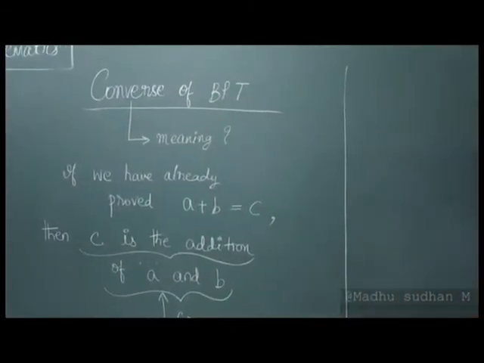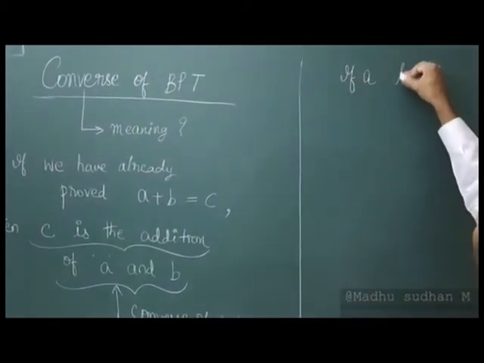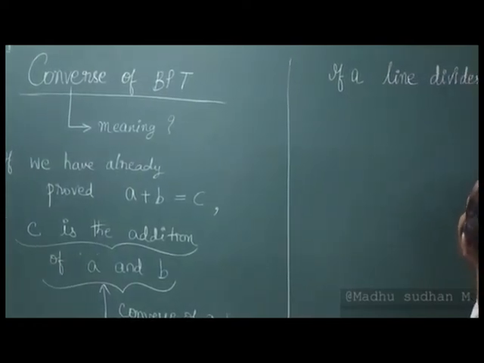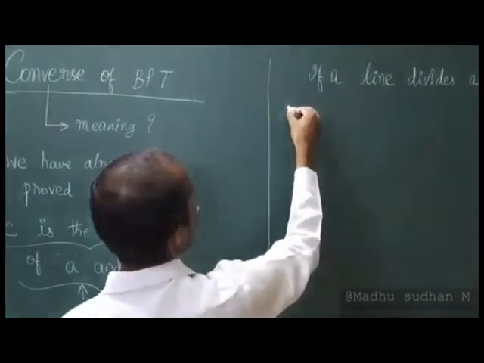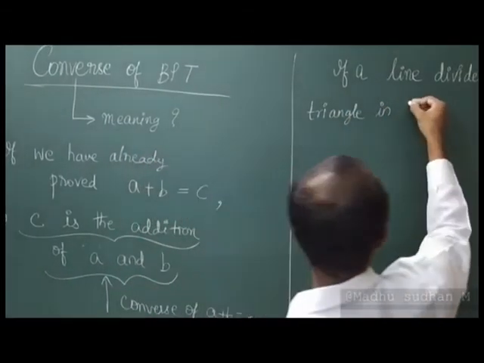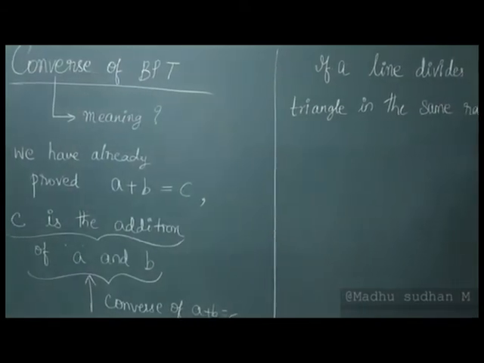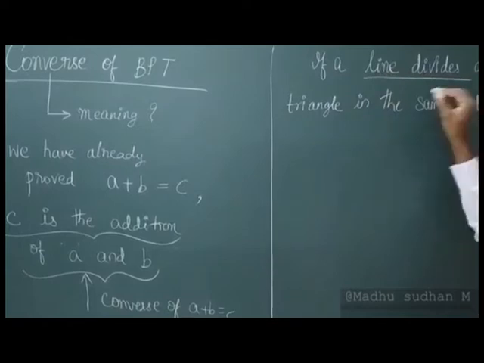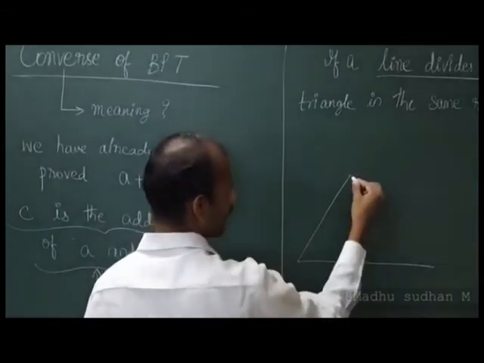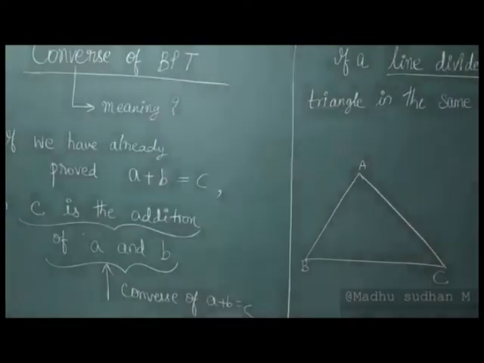So again, let me write, if a line divides a triangle in the same ratio. If a line divides a triangle, so now let me draw a triangle here. This is A, this is B, and this is C. Followed it?